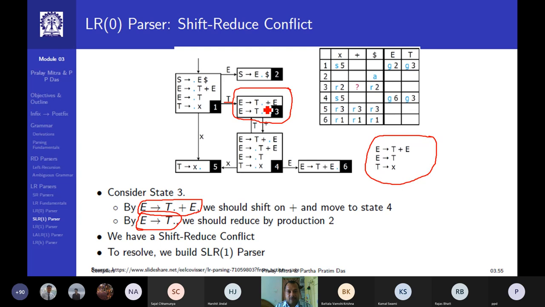And based on whatever I have read and the knowledge I have gathered so far, I cannot make any decision whether to reduce or shift. That's why in the parsing table at state 3, upon looking at addition, I have a confusion whether to reduce or to shift.